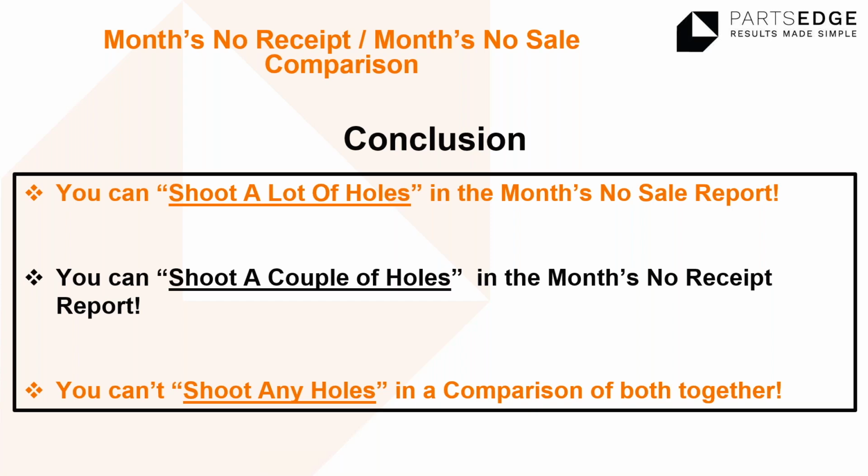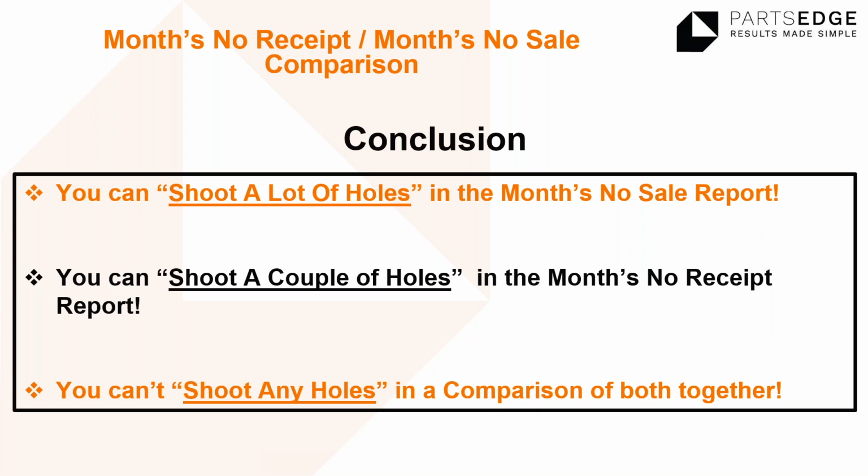And you've got a part that might be 5 years old that you've never receipted, and then all of a sudden you receipt the part in and you haven't fulfilled the sale, and this part instantly is at 60 months no sale, but the last receipt date is 0 because you just receipted it. That's where we can shoot lots of holes in that months no sale report.